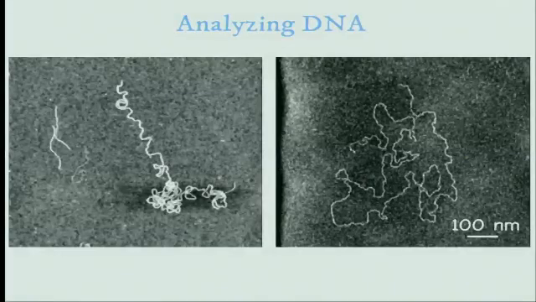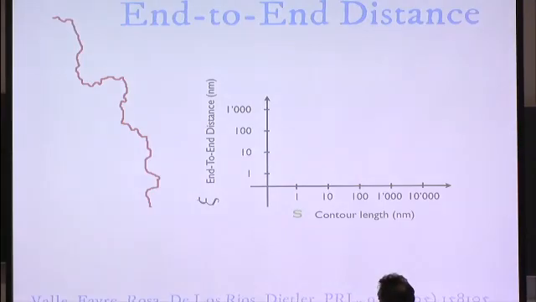Just to present the method, these are the images that we have. We trace the molecules with a program, and then, for example, to calculate the end-to-end distance, we take a given contour length, calculate its end-to-end distance, and move this window along the molecule. We can then calculate the average end-to-end distance for a given contour length, and we do this for all contour lengths.